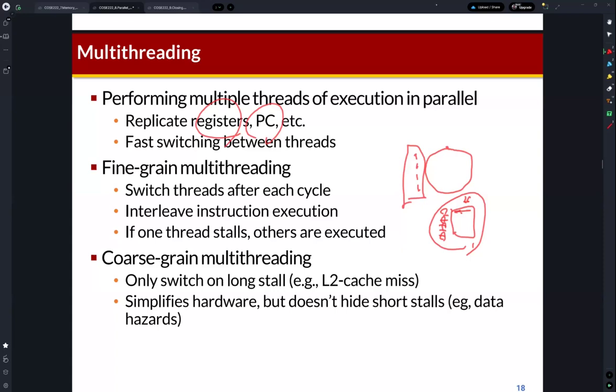Intel CPUs and AMD CPUs can support multi-threading. We know the brand name of Intel's multi-threading is hyper-threading, right?